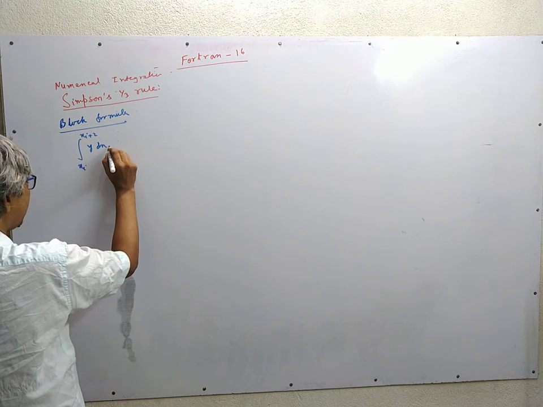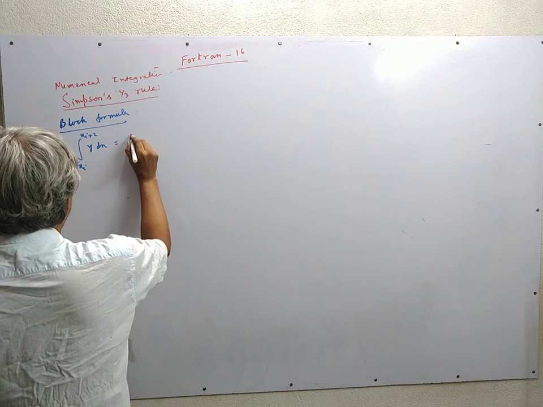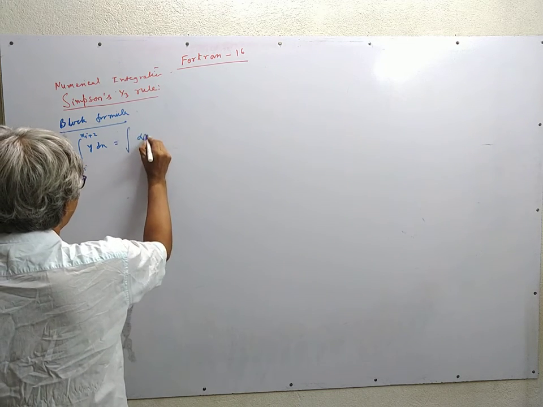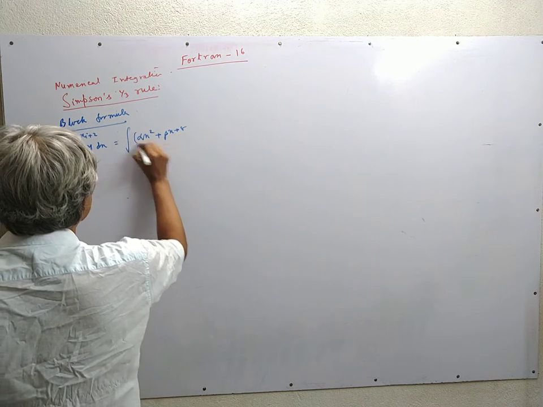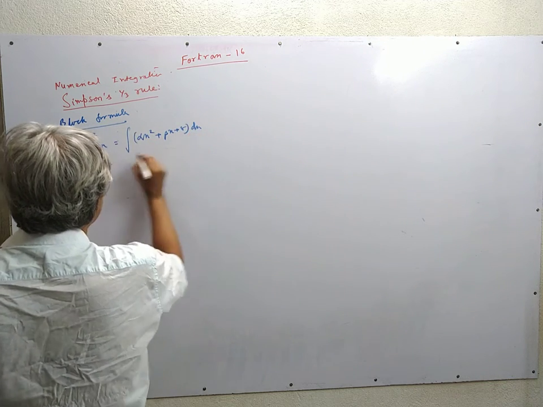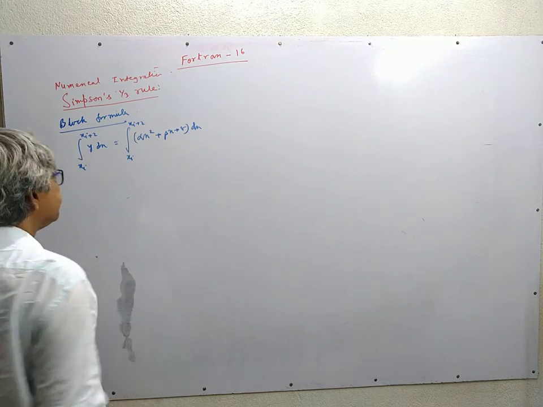The reason has been explained. So this is the integration of alpha x square plus beta x plus gamma dx from xi to xi plus 2.